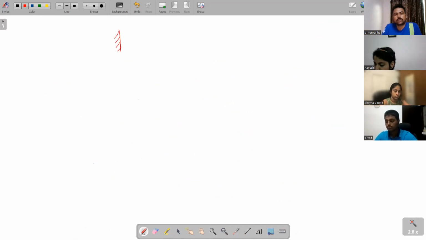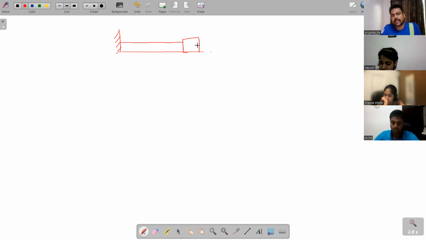suppose this is the fixed wall and this is the table. Suppose this is the string, and this string is tight and the block is tight, right? Even if one force is applied over here, because of this force, this string will have some tension.